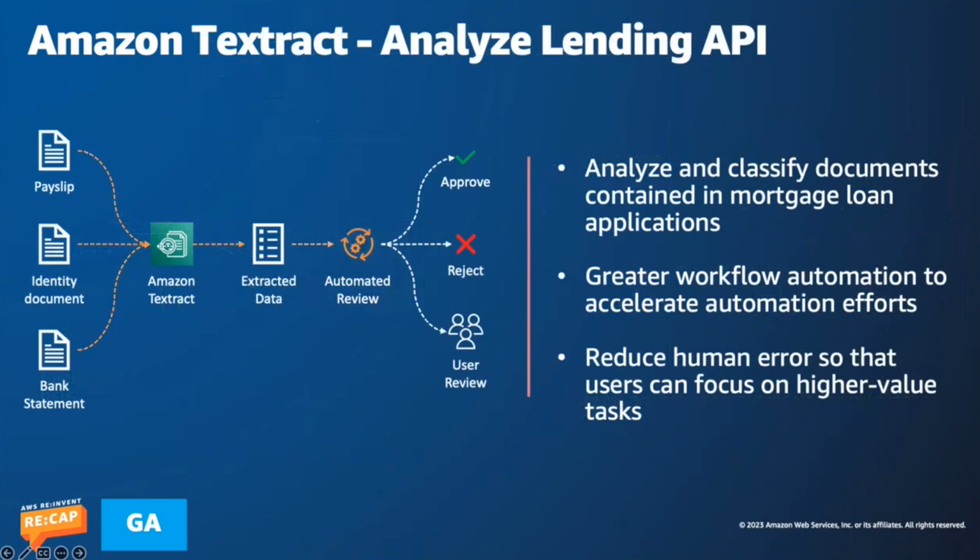Also, we have expanded the use case coverage. Now we have introduced a new Analyze Lending API to help analyze and classify documents with information regarding mortgage loan application packages, and helping them to extract the data using Amazon Textract out of the box.